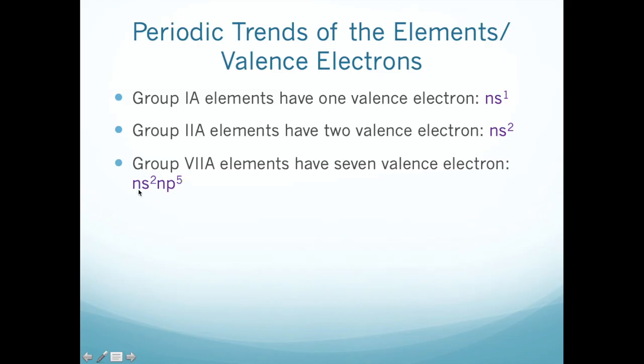They end with something s2, something p5, and 2 plus 5 matches that group number of 7A. It might be tougher to match up if you're using the new numbering, because it might be labeled group 17 on your periodic table, but just realize it's got 7 valence electrons, even though it's group 17.